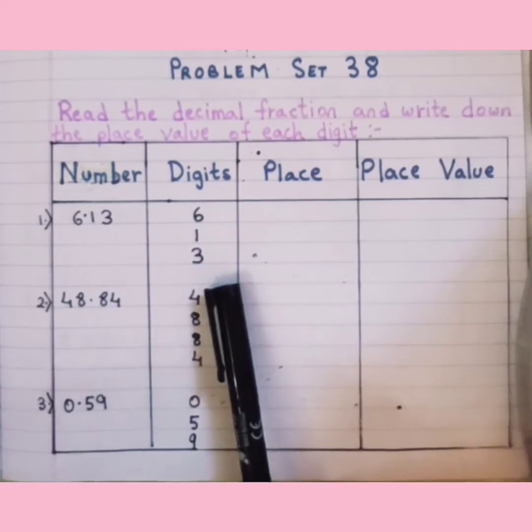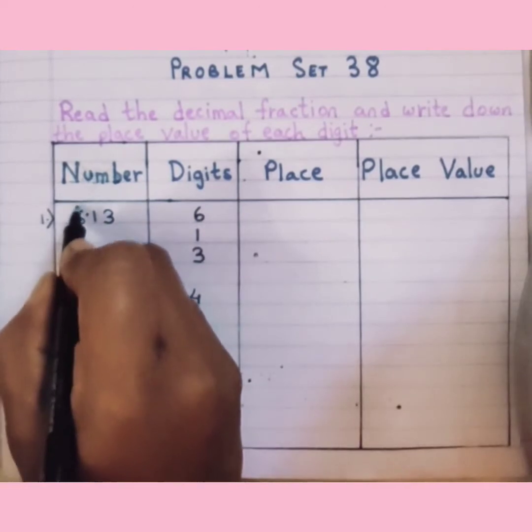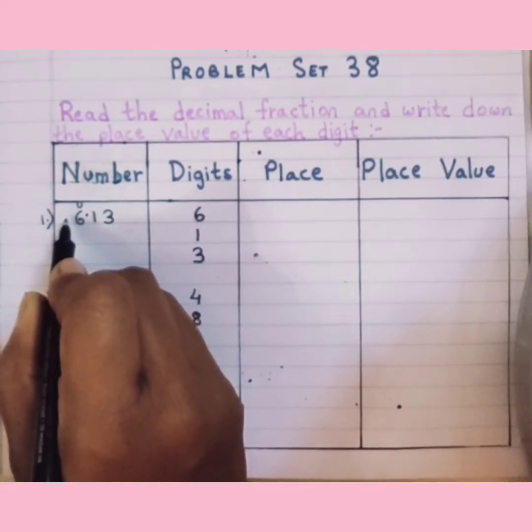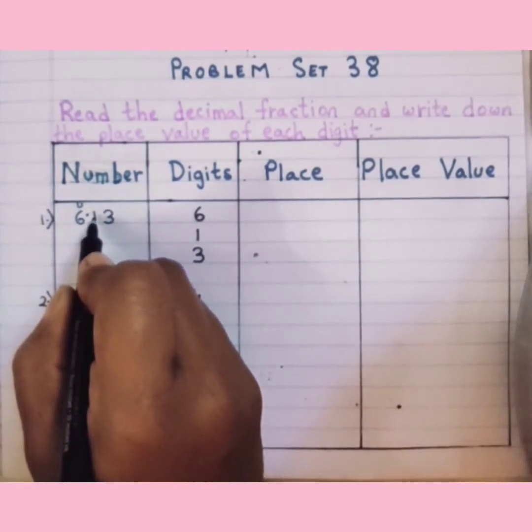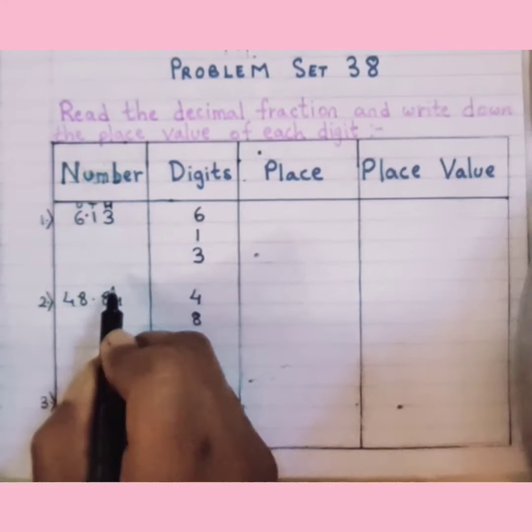Now I have told you before that before the decimal point we will write units. There is no number for tens here, so there is no tens. After the decimal point it will become tenths and hundredths.